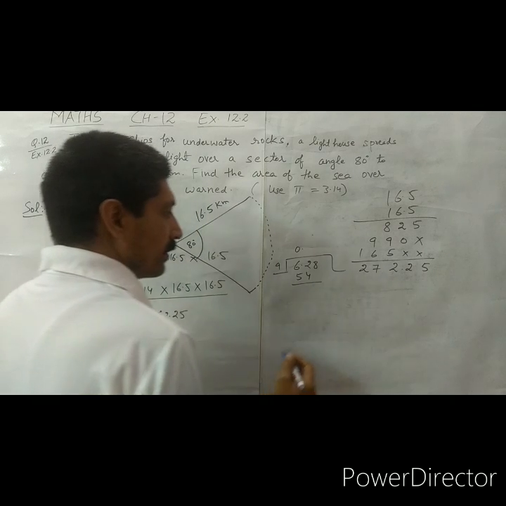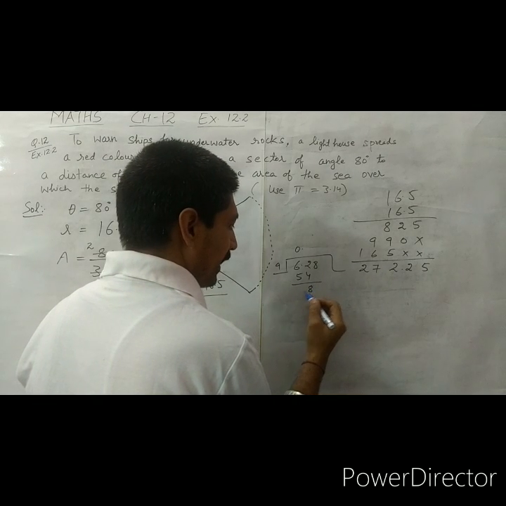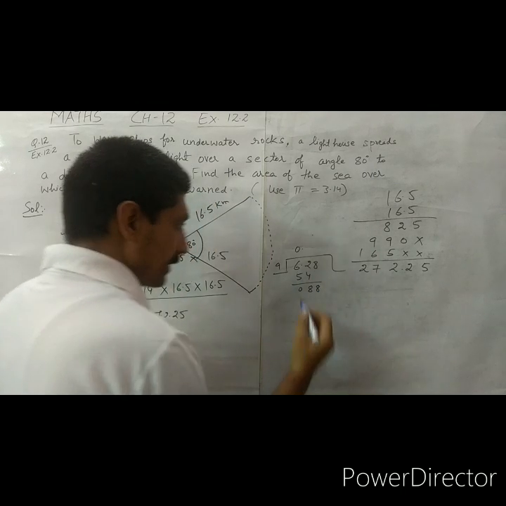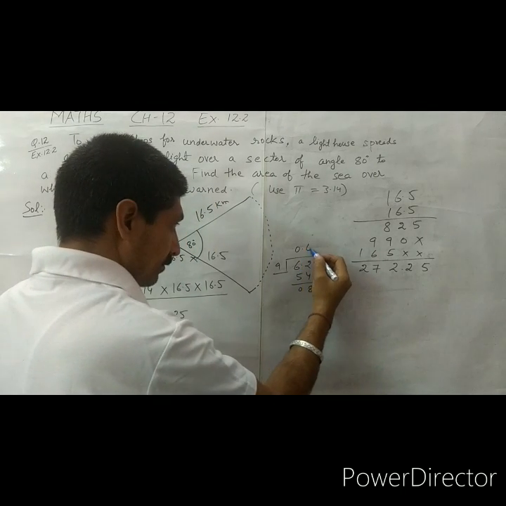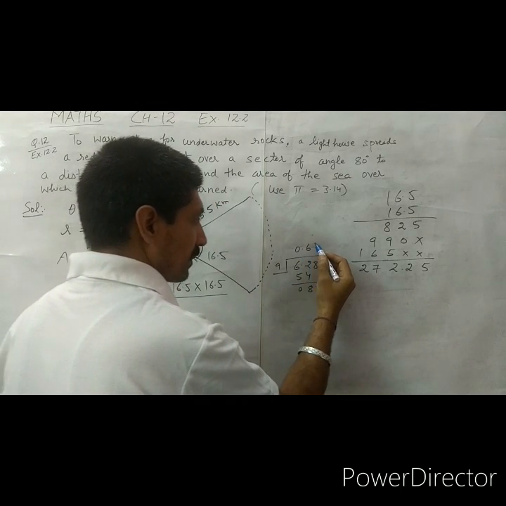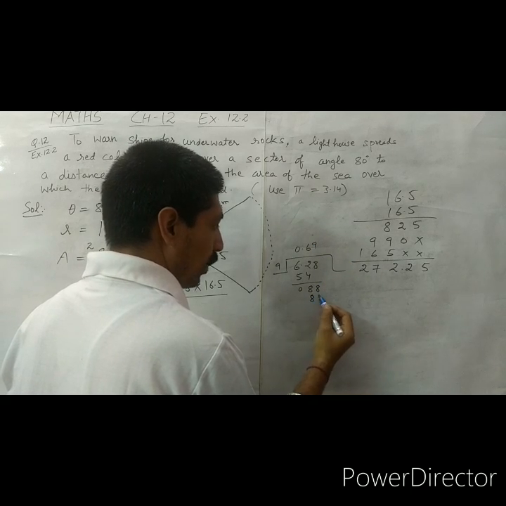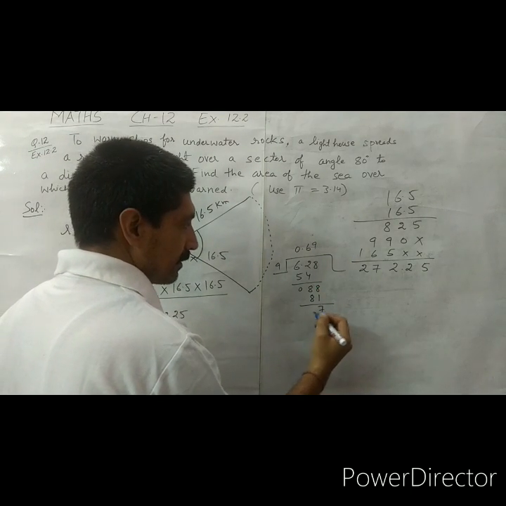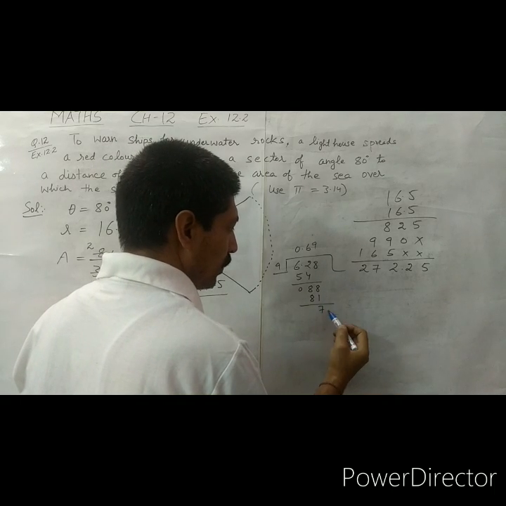So here 12, 8, that is 88. Now 9 9s are 81, and we have left with 7, then again 0.